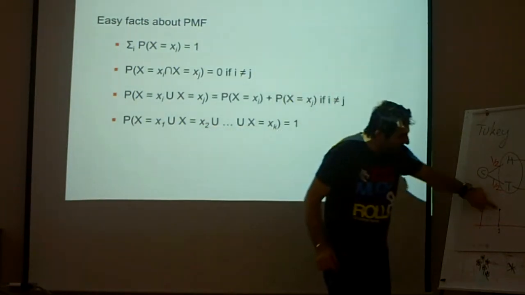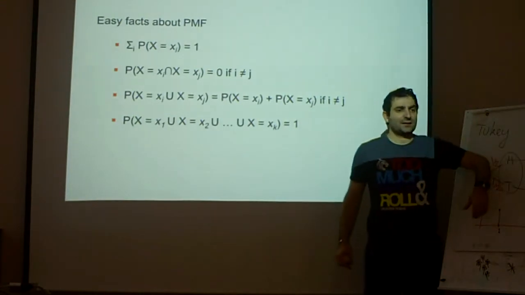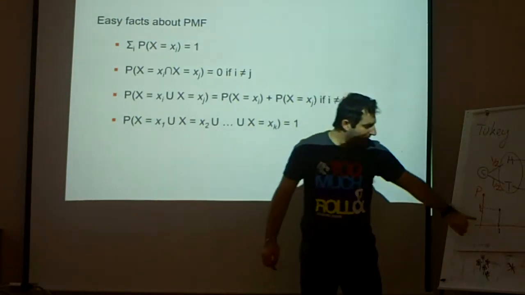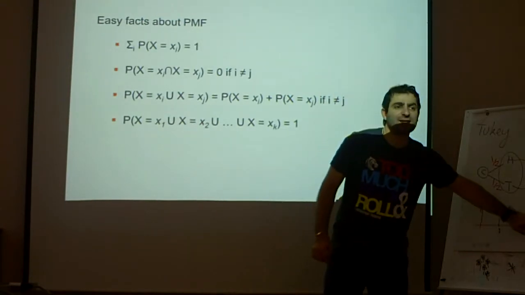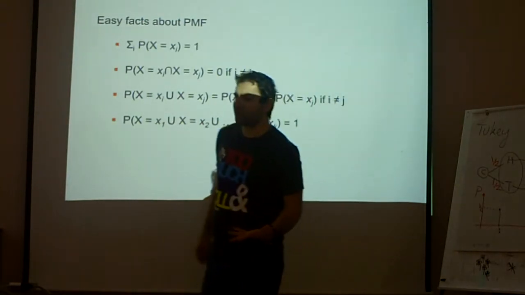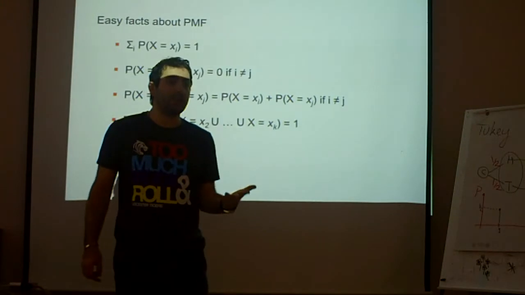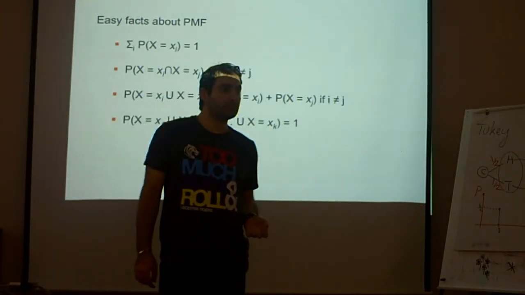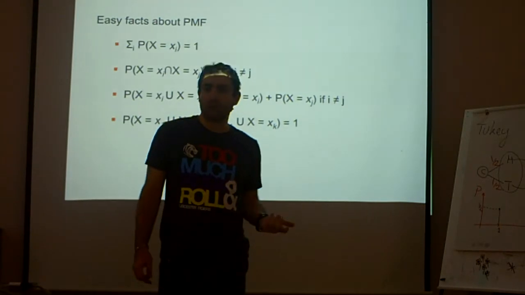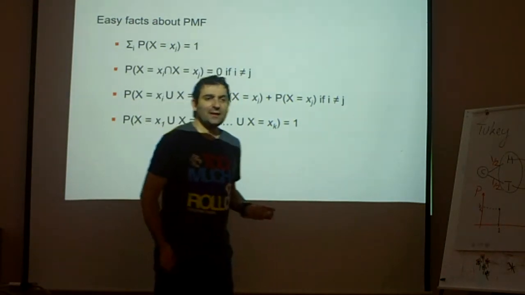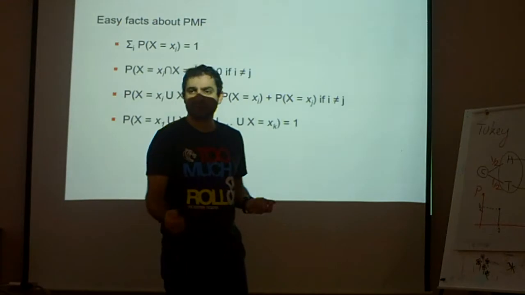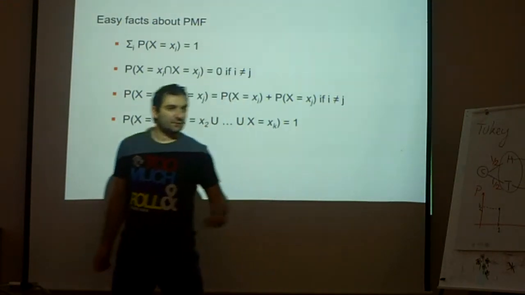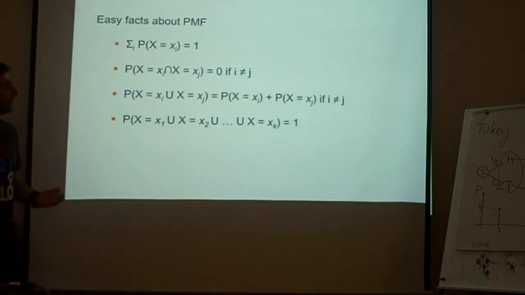If I have more than 2, let's consider the die. We have a die and we roll it, and then we have the numbers 1 to 6. Now answer my question, what is the probability of having a number between 1 to 6? 1, because if I have any of the numbers, it is correct. In other words, if I add all the probabilities, which are 1 over 6 each, then I will get 1.